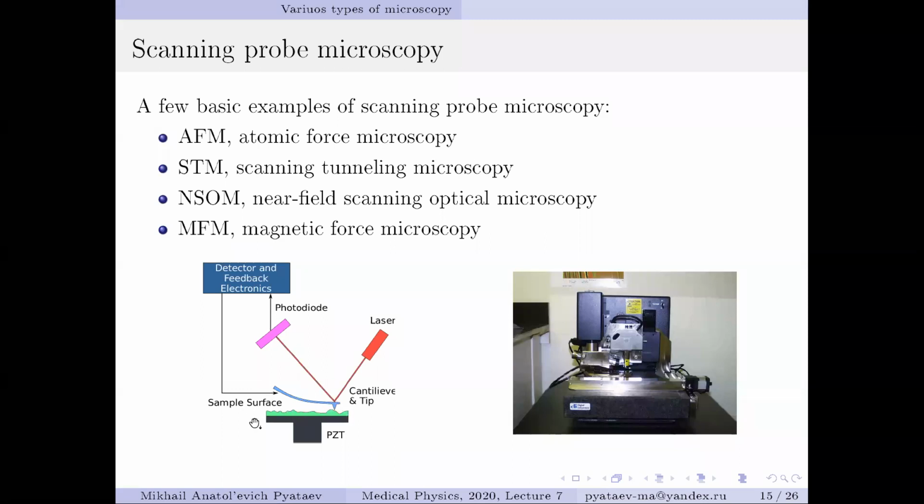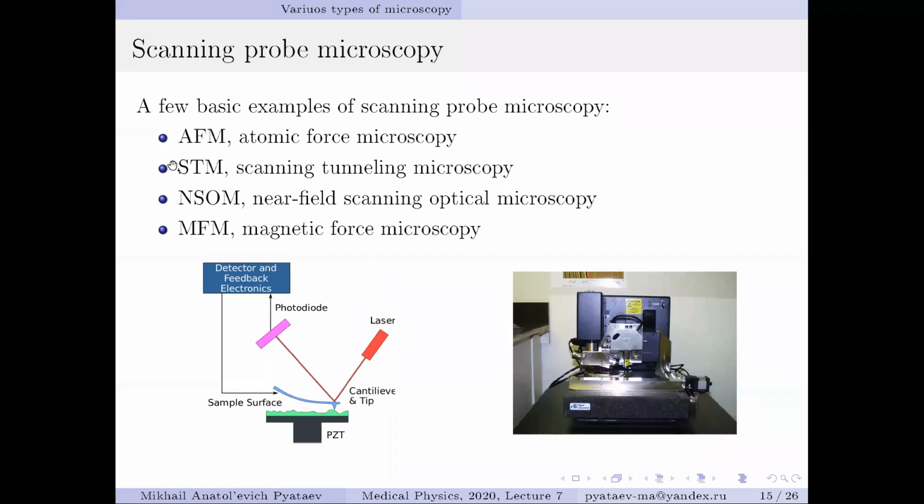So this microscope allows us to obtain the same strongest resolution, atomic size resolution. It is the same as in electron microscopy. Sometimes electron microscopy gives higher resolution, but atomic force microscopy has the advantage that it does not require such a complicated procedure of sample preparation. The samples can be made much simpler here.